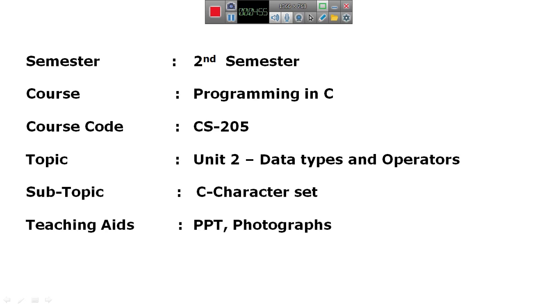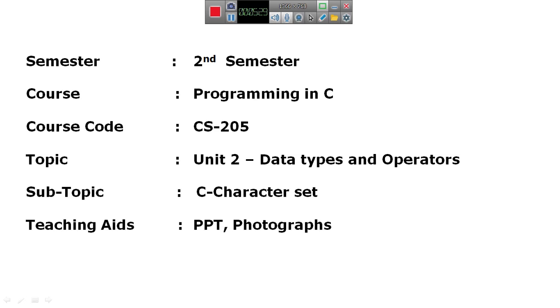What is an algorithm? An algorithm is a step-by-step process to solve a problem. There is the normal algorithm and the computer algorithm.